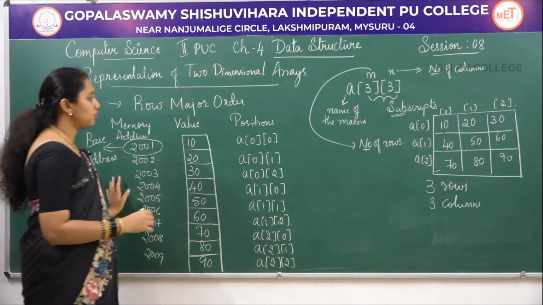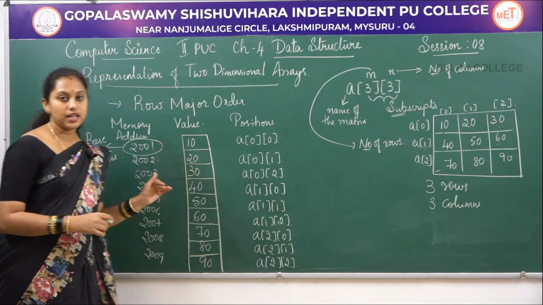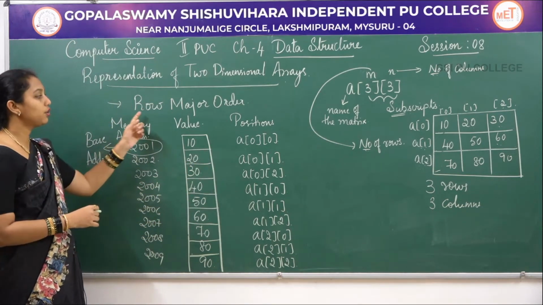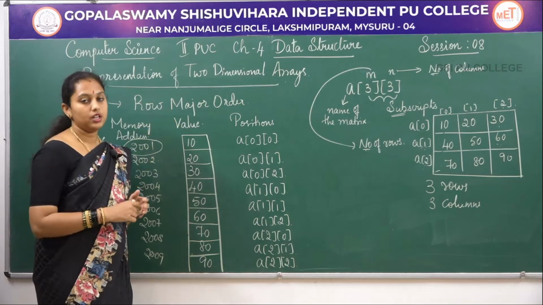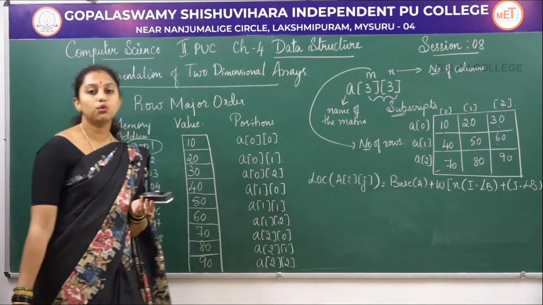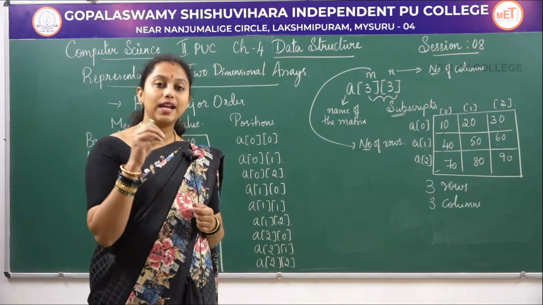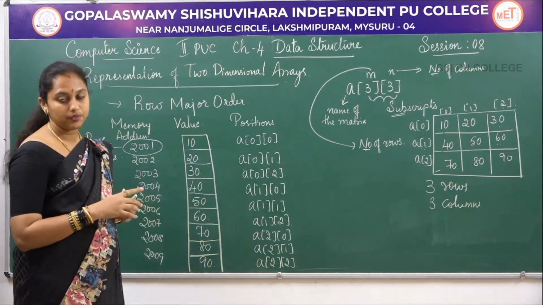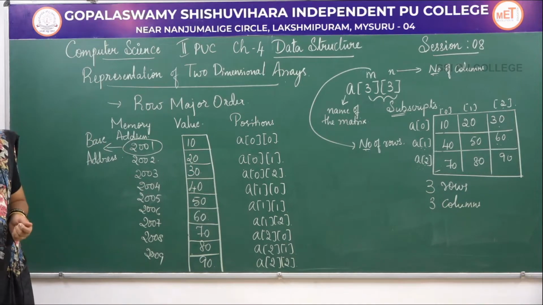So this is how we are going to represent the array elements in row major order. Now let's see how to calculate the memory address of any element in an array. So there is a formula for that.